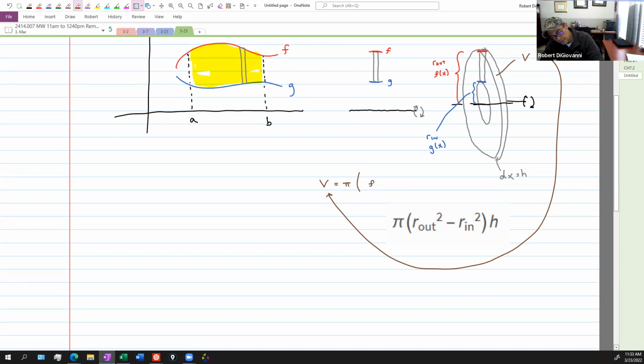That means you take the function f and square it, then minus the inner radius, which is the g function, squared, and then times dx, which is your h. And that is the volume of just that one little washer. It's the volume of one of them. Any questions on that?